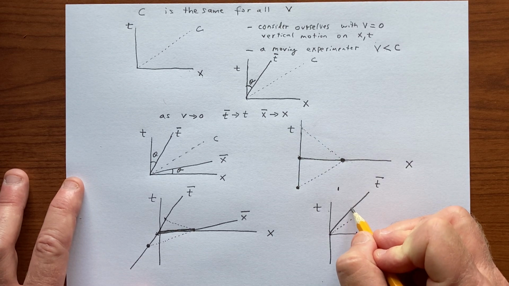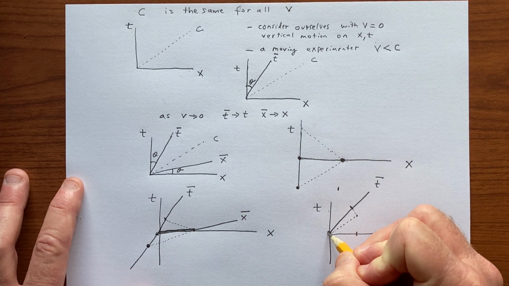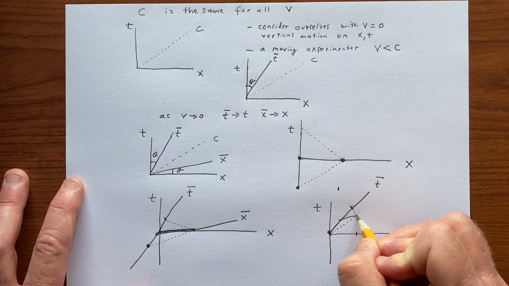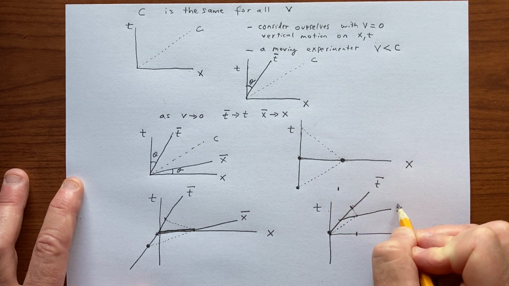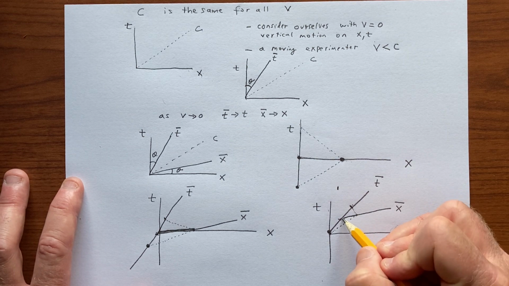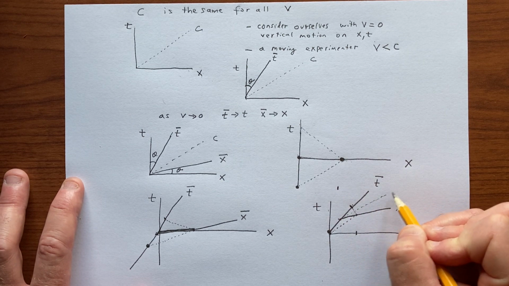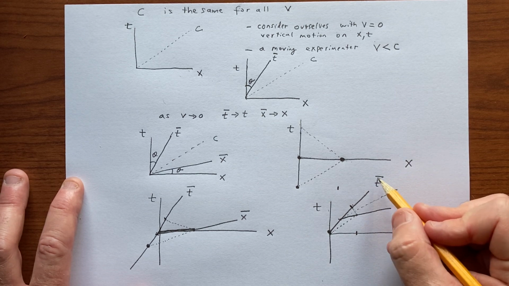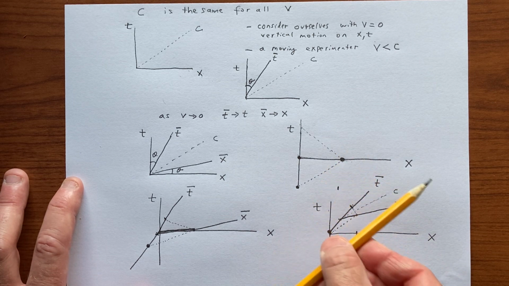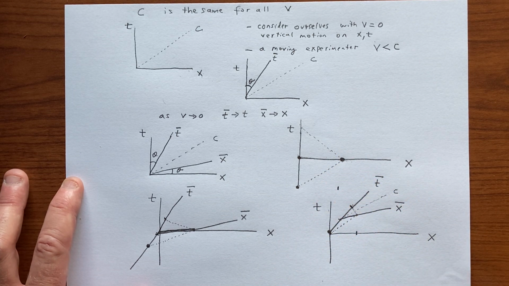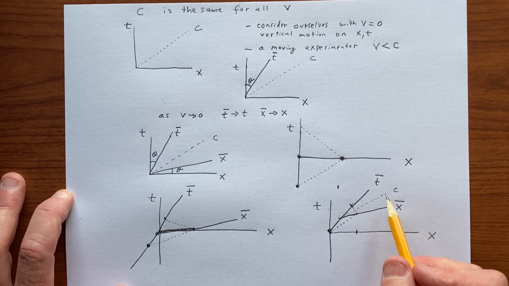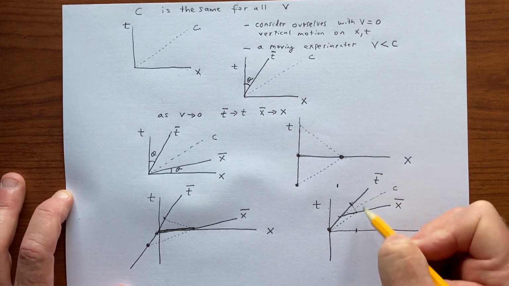And so now we can see that this time and t bar equals 0, we have to divide that by 2. We get something in here, and then we connect that to that point there, and that must be the x bar axis. And so the key is that the speed of light is always in between the space and the time, and essentially the spatial axes and the time axes close up toward the speed of light on the space-time diagram. That's how we ensure that light is always the same regardless of motion.